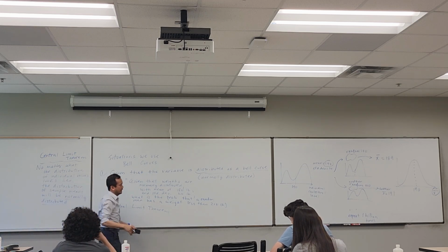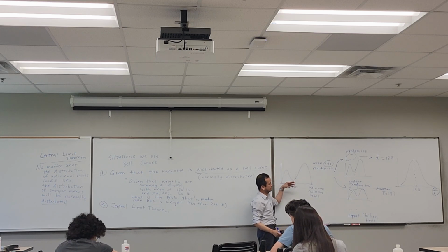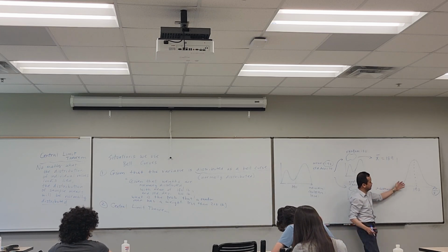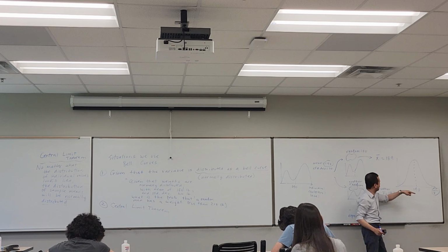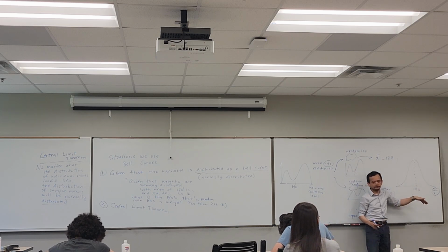So all that's saying is that no matter what the original distribution looks like, it could be a bell curve or not, then the final distribution of sample means, if you look at each of these x bars or sample means, that distribution will end up looking like a bell curve.